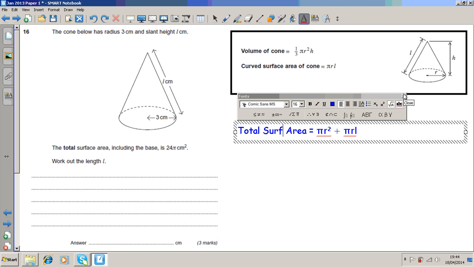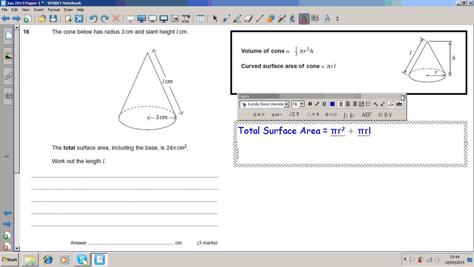So there's our rule. Now we're going to put in the numbers that we know. The total surface area we know is 24 pi centimetres squared.